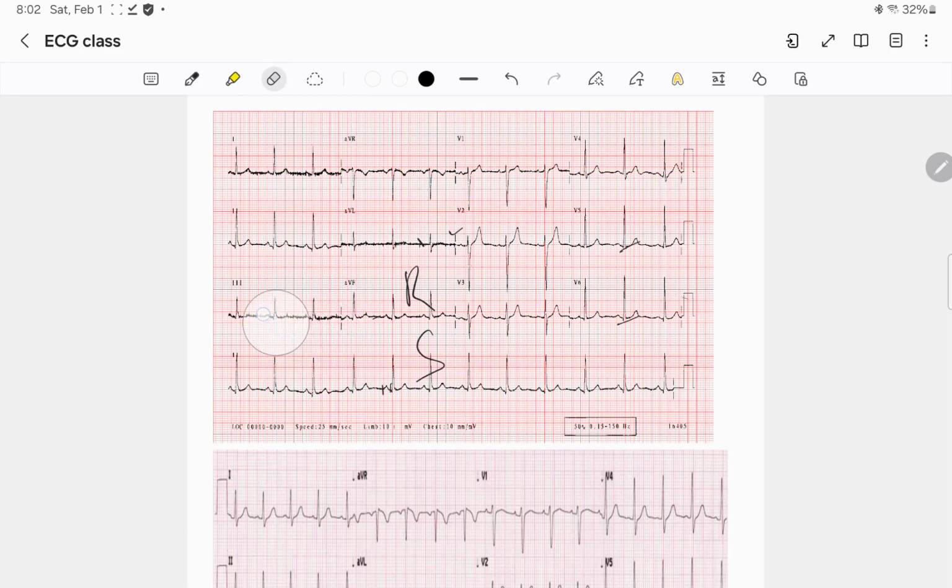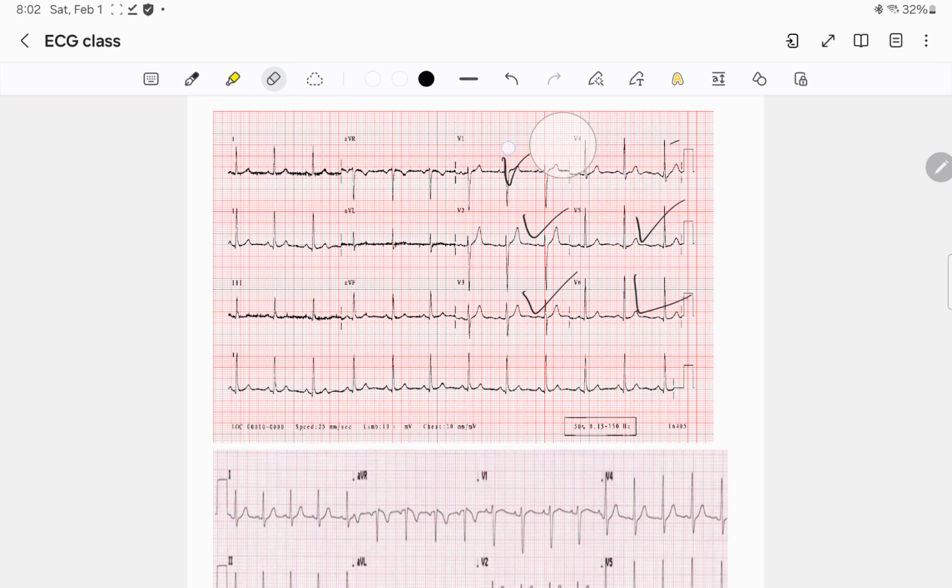We said that the R waves in the precordial leads should be getting more positive as we go along the precordial leads. The transition point should be around V3 or V4, and the R wave in V3 should not be less than 3 small boxes in height. So the R wave progression checks out.